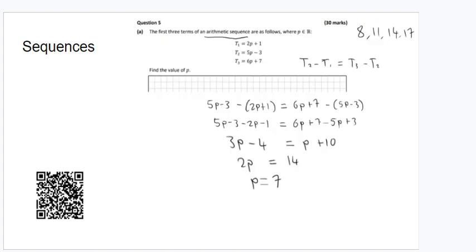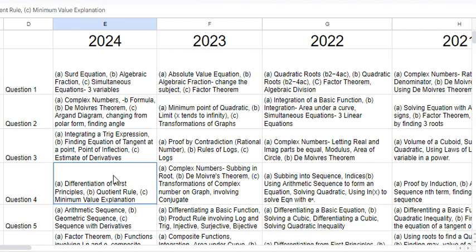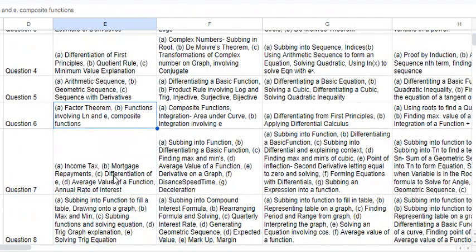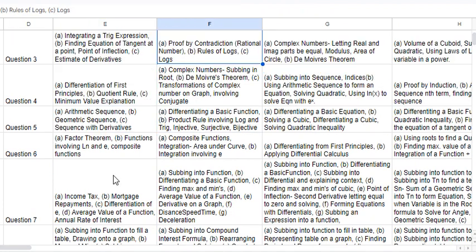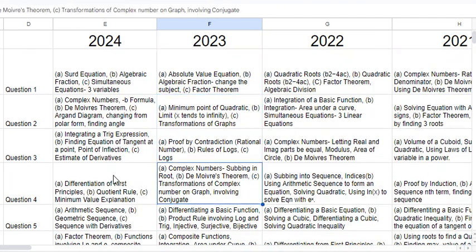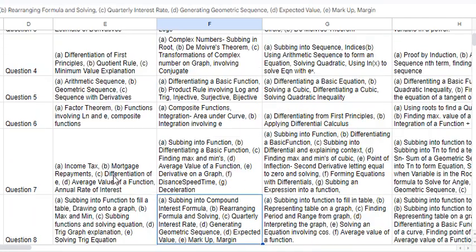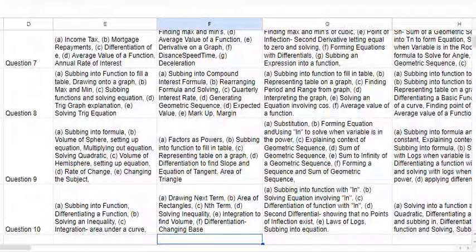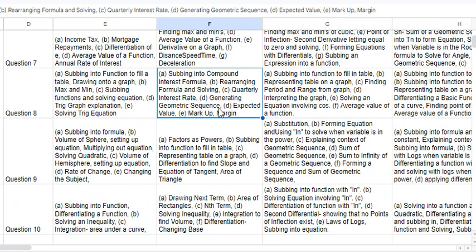Right, I'll move on then, we'll go on to sequences. Now, arithmetic sequences and geometric sequences come up there, question 5 in 2024, just last year. And then in 2023, I think just there in question 8 comes up, so generating a geometric sequence.